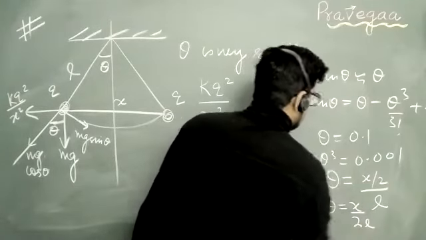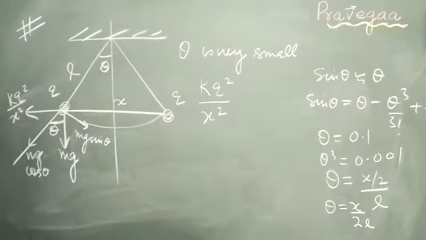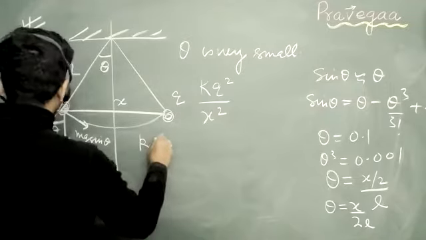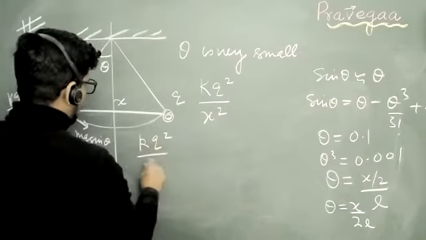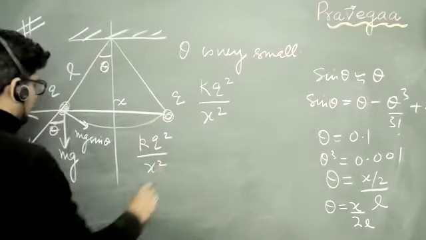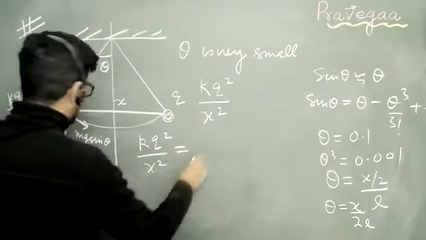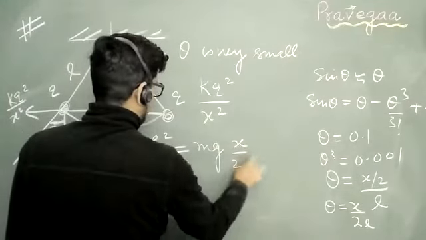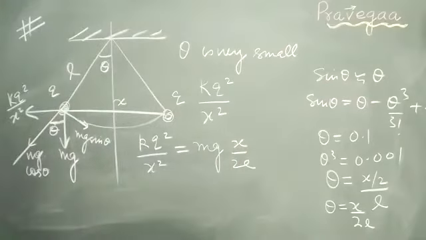Please see this. Is this okay? Yes, sir. I know I'm not giving you exact calculations, but this is what I can do right now. So kq square by x square will be equal to, at equilibrium, mg times x by 2L. Tell me if you agree with this.